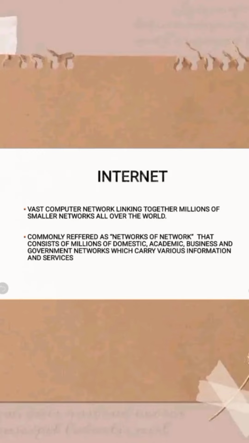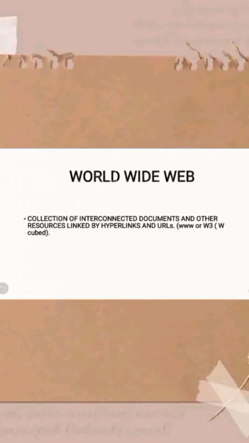So the main term here is that it carries various information and services. That is the main role of Internet. On the other hand, World Wide Web is a collection of interconnected documents and other resources linked by hyperlinks and URLs. That is the role of World Wide Web, a collection of interconnected documents.